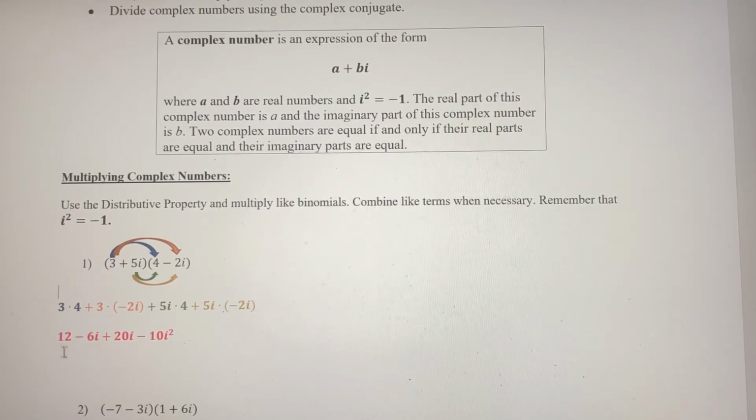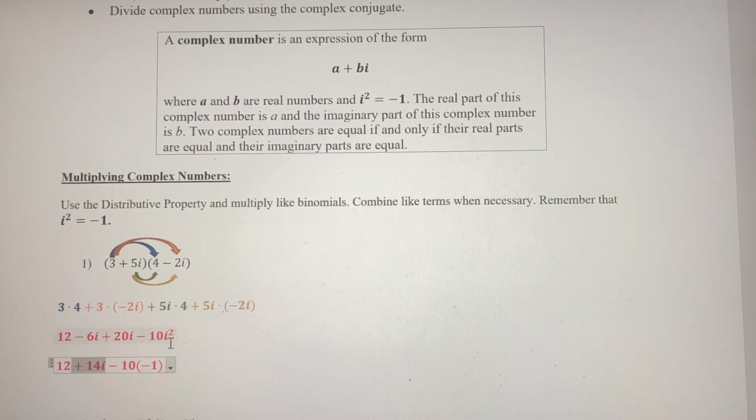So, in order to simplify, I can combine these like terms, okay? These are going to combine to 14i, all right? But technically speaking, 12 and this -10i squared are both constants, all right? We've got to plug in -1 for i squared here, all right? So let's do that. So I've combined like terms to make the -6i and the 20i equal to 14i.